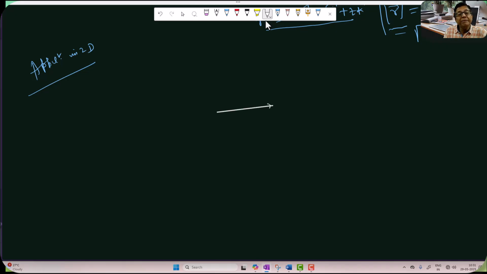Imagine that there are many vectors in 2D. This is your x-axis, y-axis. There is a vector R1. It is making an angle theta 1. There is a vector R2. This is making an angle theta 2, and this way many vectors are there.